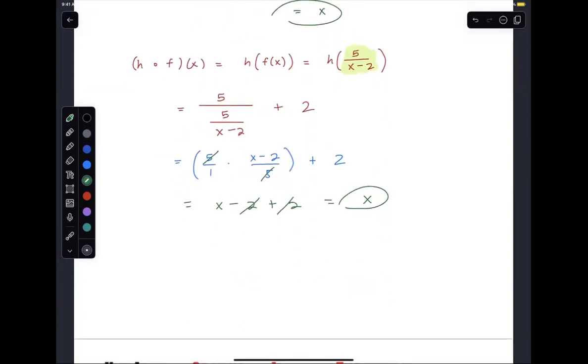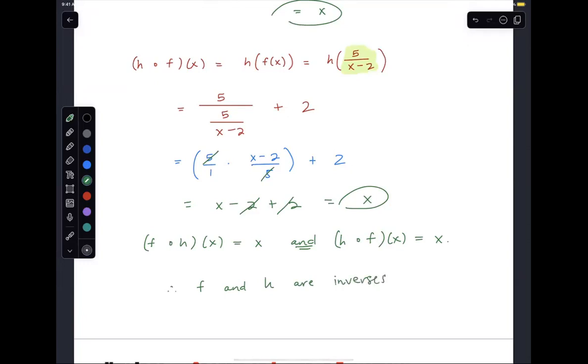So we know that f composed with h of x equals x, and we showed that h composed with f of x is equal to x. So therefore, f and h are inverses.